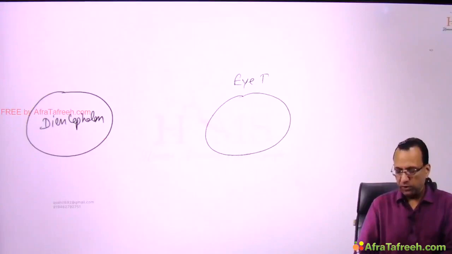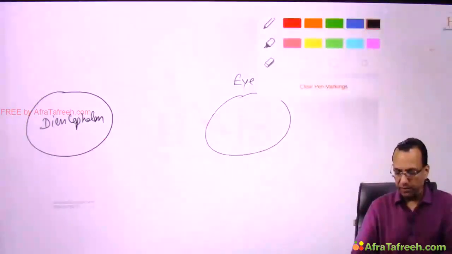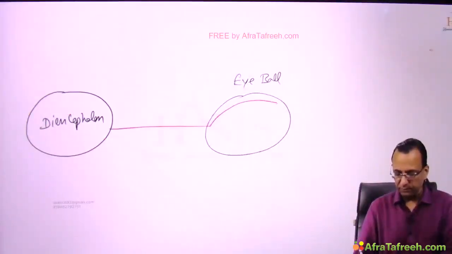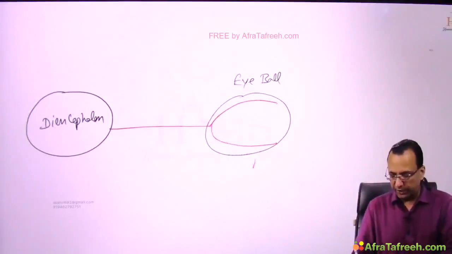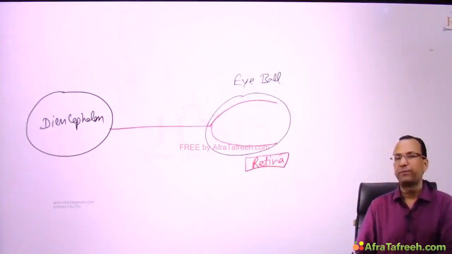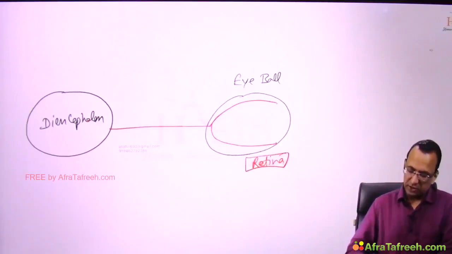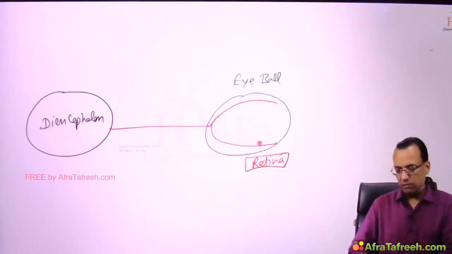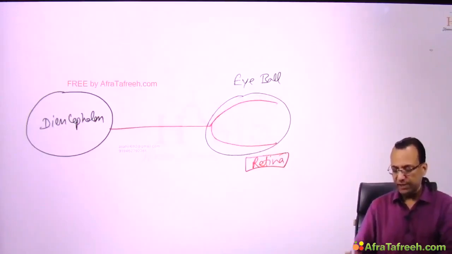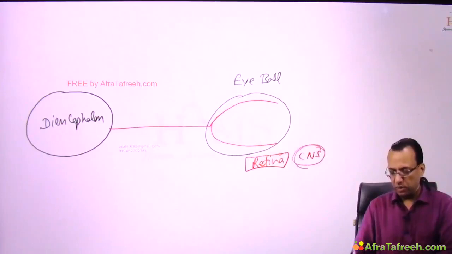When it is growing inside the eyeball, it will contribute to the retina. You mean to say the retina is an extension of the diencephalon into the eyeball? Yes, and it is a part of the CNS. The retina is a part of the central nervous system.